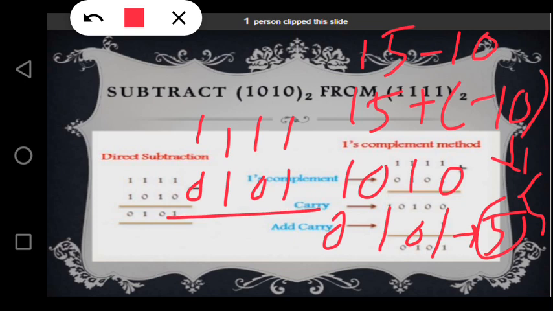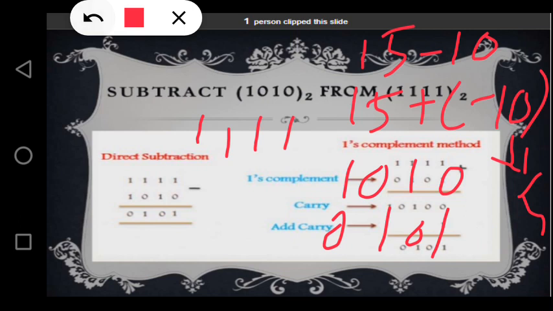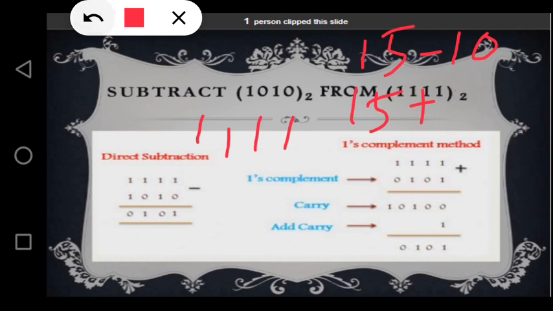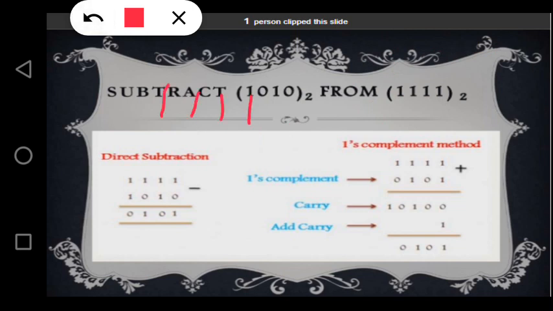So 15 plus 5. What happens? You have to do the addition, 1111 plus 0101.